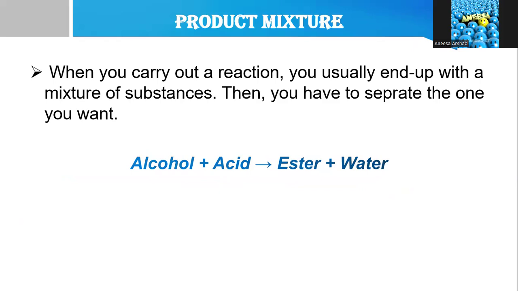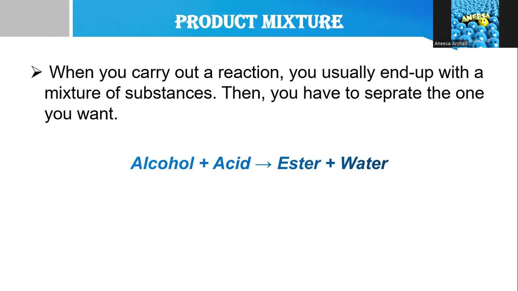Like, for example, in this reaction, I am preparing an ester. Ester is usually a compound that we use as a fragrance in a lot of perfumes, and it is also used in the food industry. And we need to synthesize it on an industrial scale.